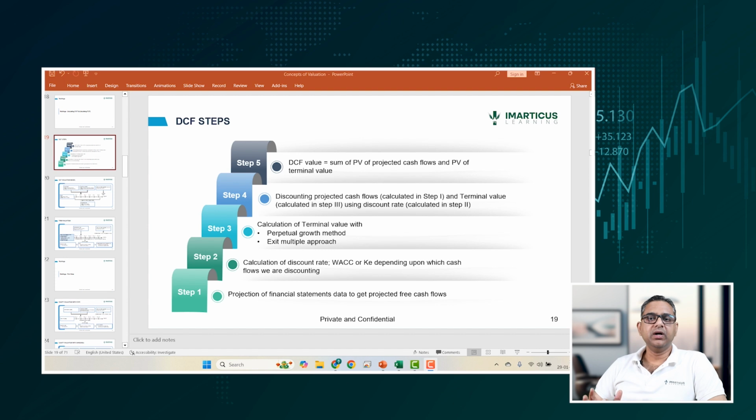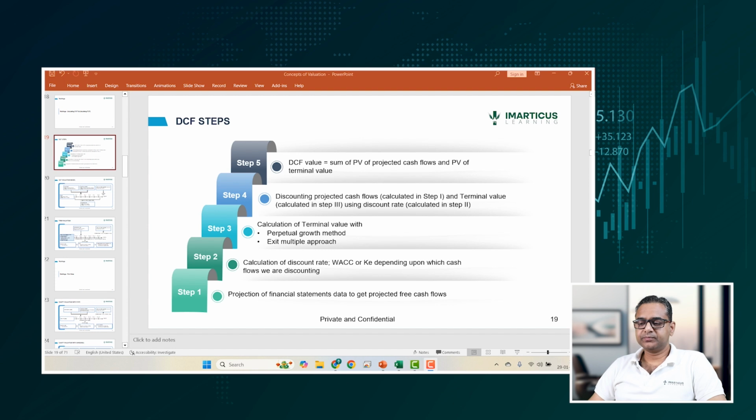That is the value which the company will have at the end of the explicit forecast period, considering all the free cash flows which are happening beyond the explicit forecast period. And we can do the calculation of terminal value through perpetual growth method or through exit multiple approach. We will again look at both of these in more detail later.